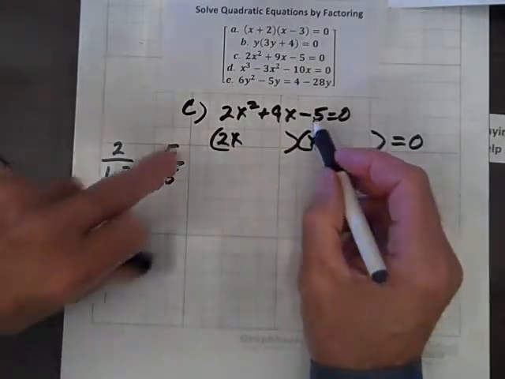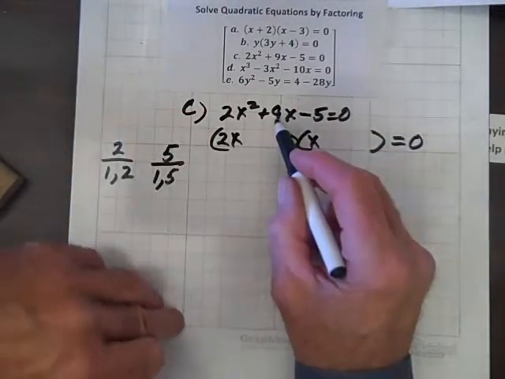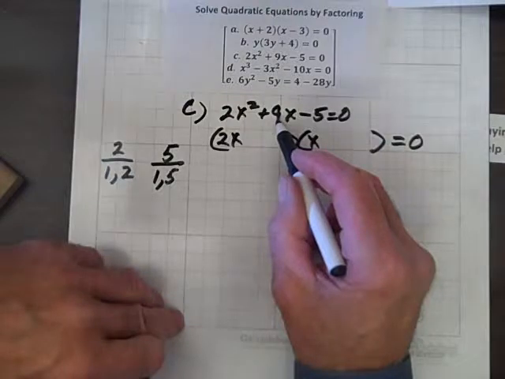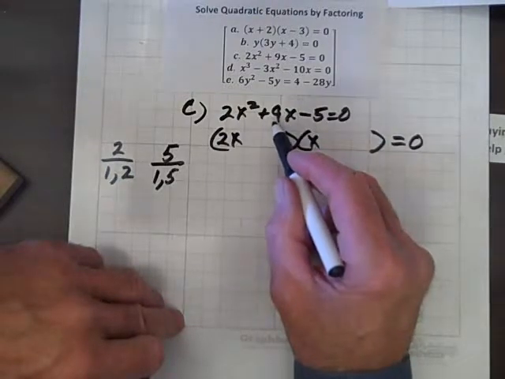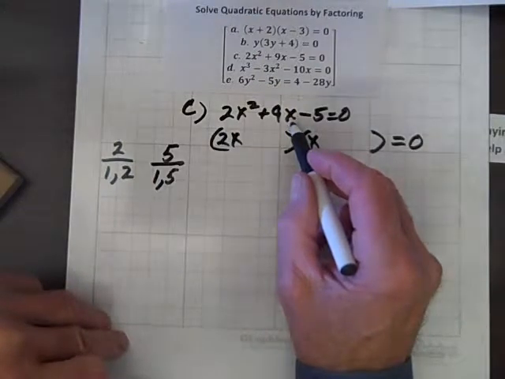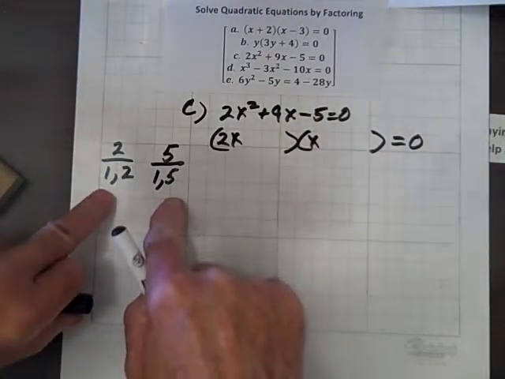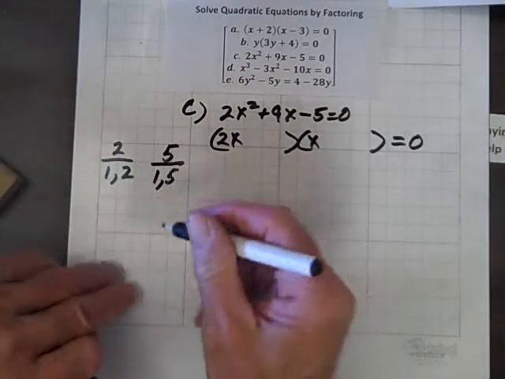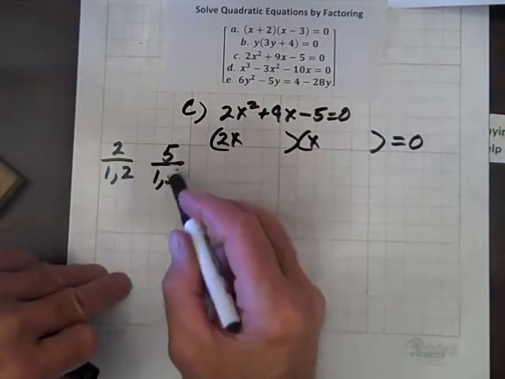And by the way, since these two signs disagree, we know this middle term is a difference of a product of some combination of these factors of 2 and 5.